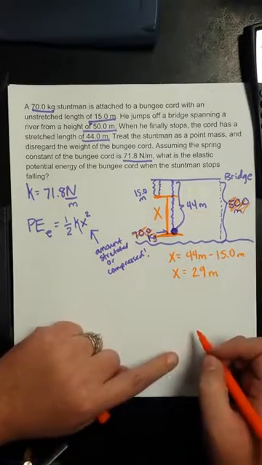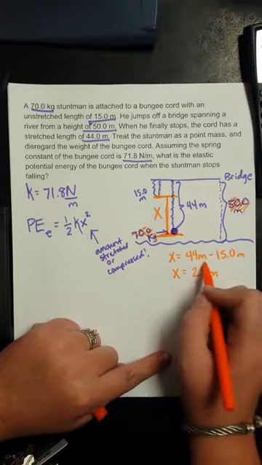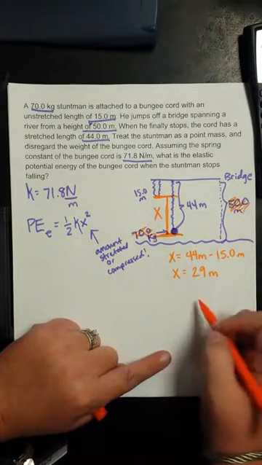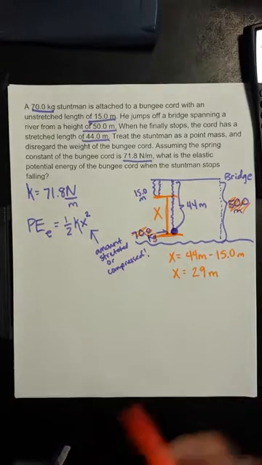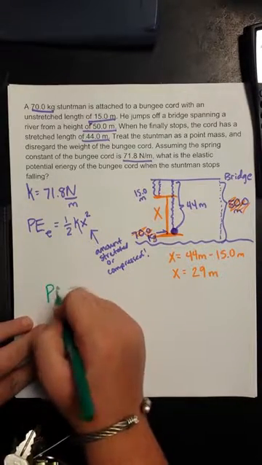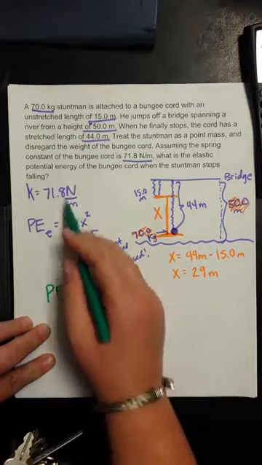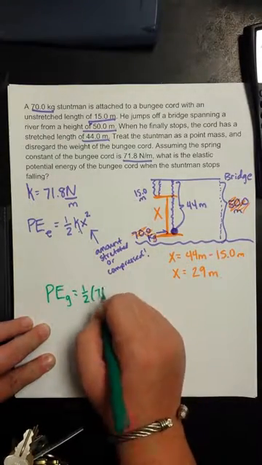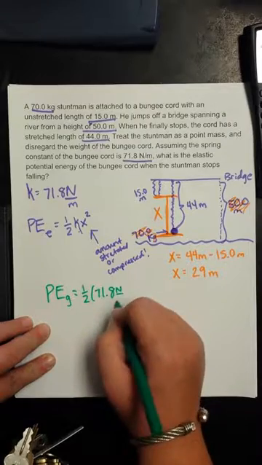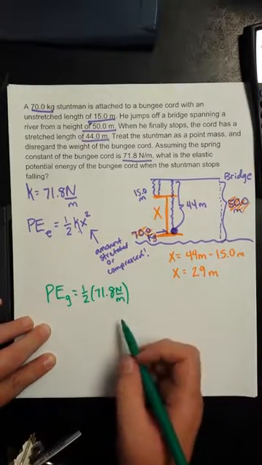So 29 meters. So it was stretched out 29 meters. This is its original length. That's its final length. It stretched 29 meters. Okay. So now I can plug everything that I need into my equation. Elastic potential energy is equal to 1/2 times my spring constant, which is 71.8 newtons per meter.